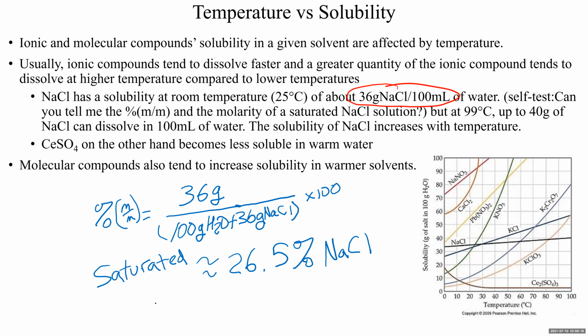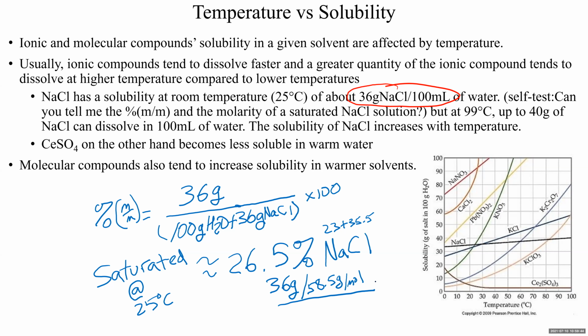What would that be in molarity? Well, for molarity, you would take the 36 grams and divide it by 58.5 grams per mole to get moles. That's the molar mass for sodium chloride, 23 plus 35.5 grams per mole.